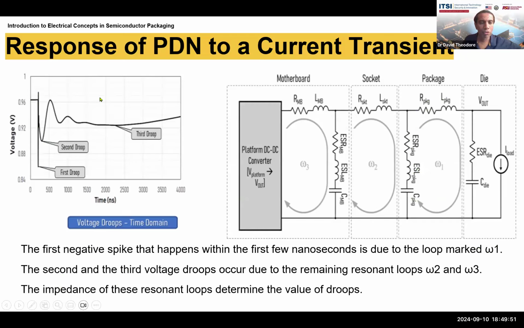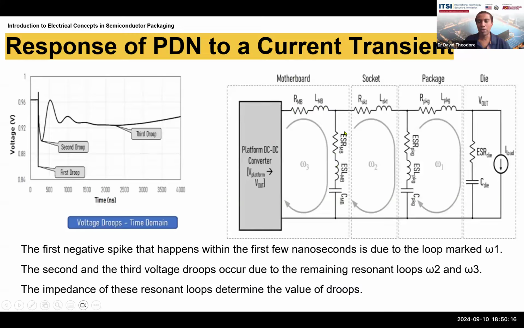And the third voltage droop, that's this, occurred due to the remaining resonant loops of omega-2 here and omega-3. So the impedance of these resonant loops, that's the effective impedance given all of these devices, determines the value of the droops.